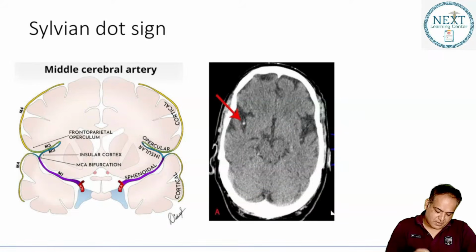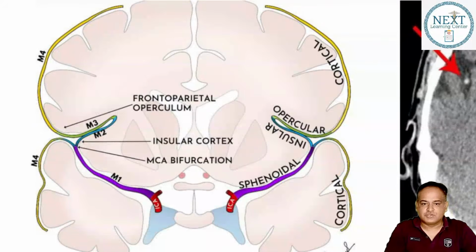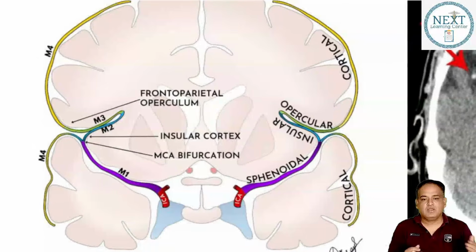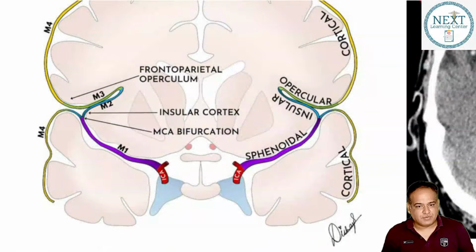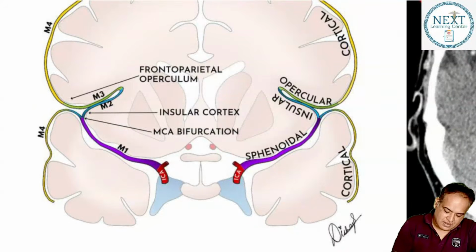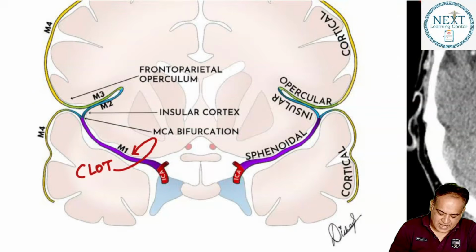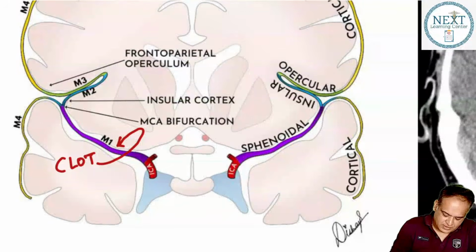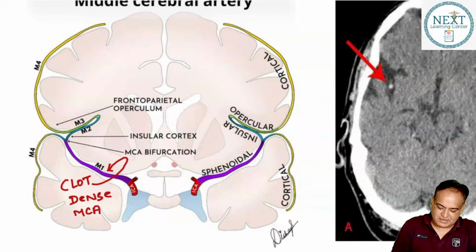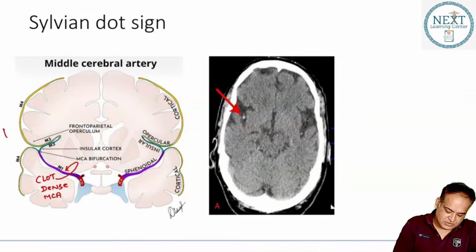Now, if you see here, middle cerebral artery has so many branches, the branching pattern M1, M2, M3, M4. So let's say if there is a clot over here, in that case, we will get to see dense MCA sign. At all other places, we will just get Sylvian dot sign.